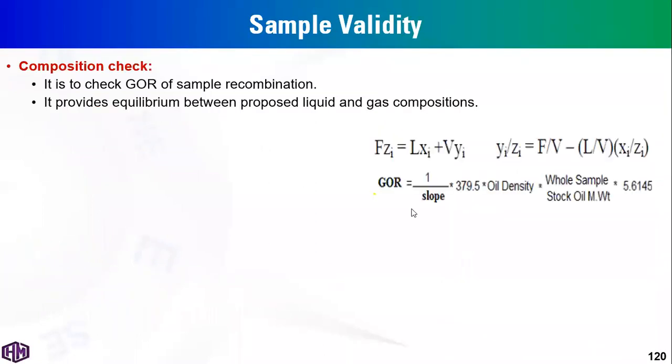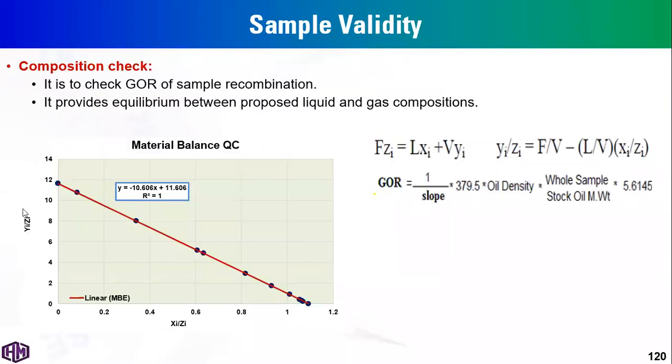Now this is the composition check. Using material balance and this equation, we can plot yi divided by zi, where yi is the mole fraction of vapor, zi is the well stream composition in mole fraction or mole percent, and xi is the mole fraction or mole percentage of liquid.